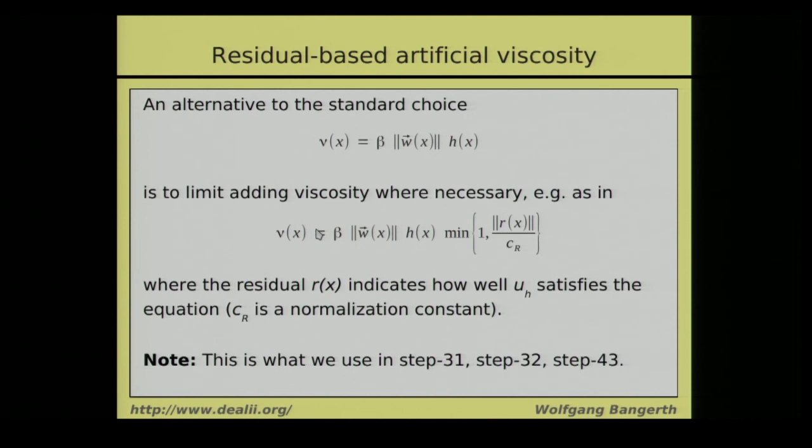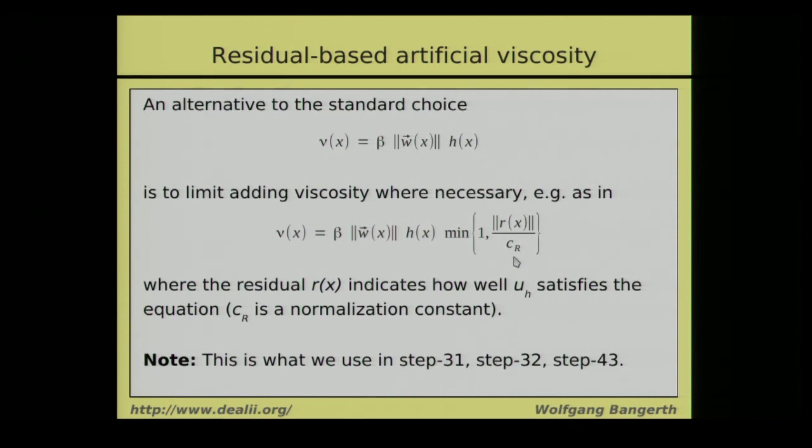And so there is a modification that's relatively recent, and that's been propagated primarily by my colleague Jean-Luc Guermond here at Texas A&M, that looks essentially like this. So we start with this thing up here, but then we multiply it with the minimum of 1 and a local magnitude of a residual divided by some normalization constant.